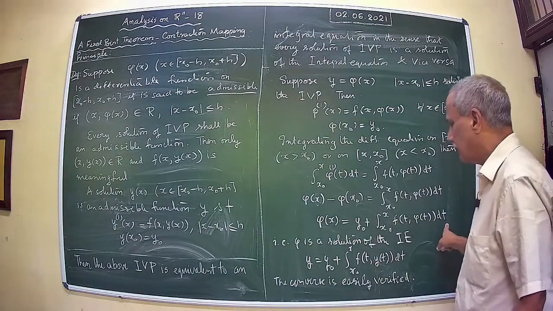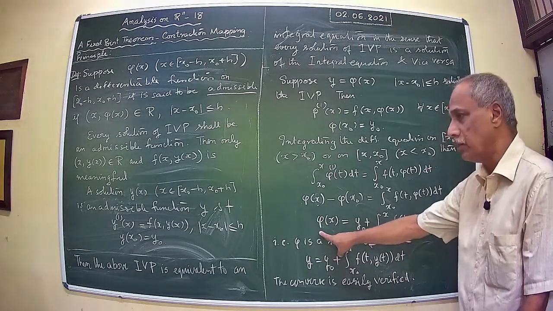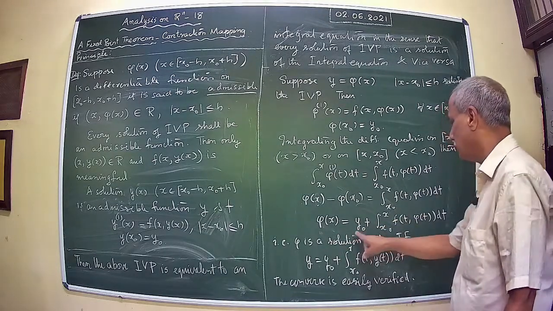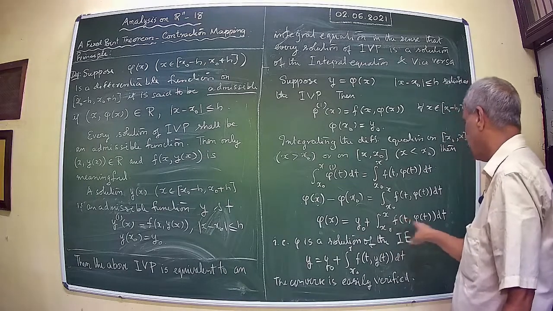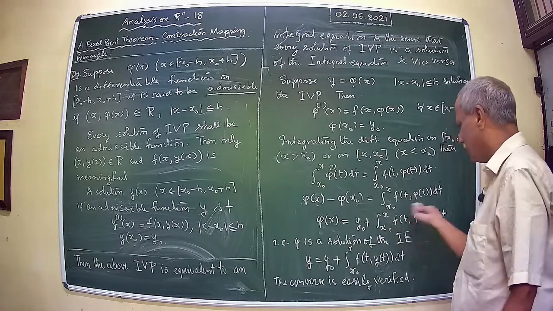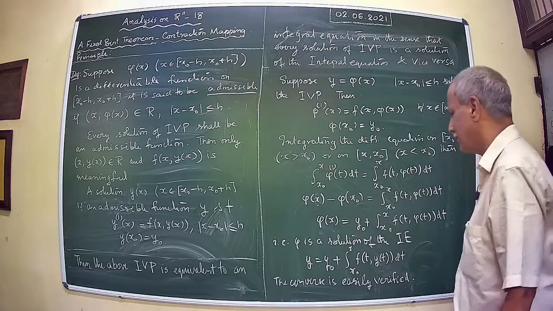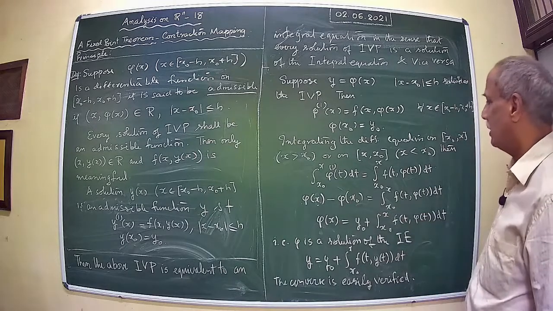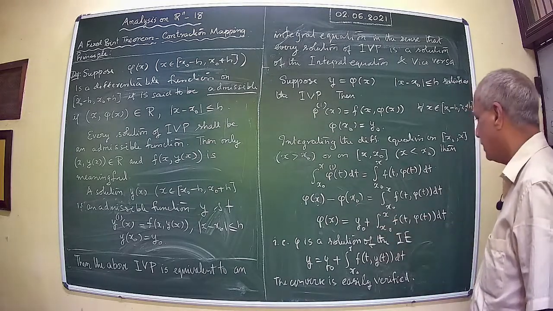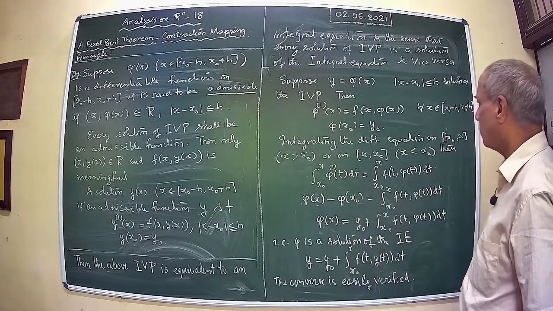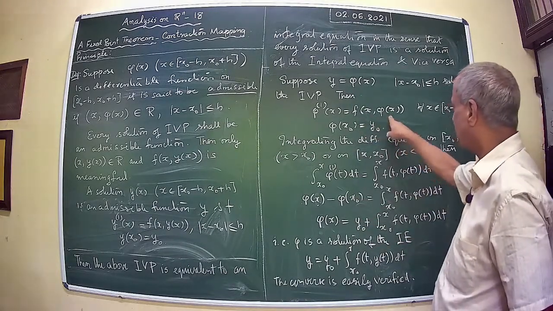You see that phi is not only a continuous function, but it's also a differentiable function, because this is a constant and this is differentiable since f is continuous in its variables. So you have on the interval mod x minus x naught less than or equal to h, this is a differentiable function, therefore you can differentiate it, and you immediately see that phi derivative of x equals f of x, phi x.